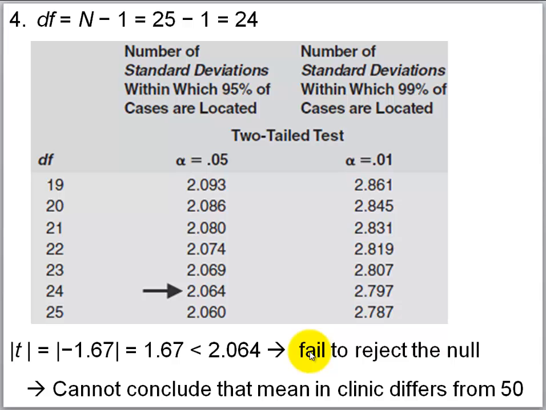And we are going to reject the alternative. So in our situation, we cannot conclude that the population mean in your clinic differs significantly from 50. The difference that we see in your random sample is plausibly due simply to chance, the luck of the draw.